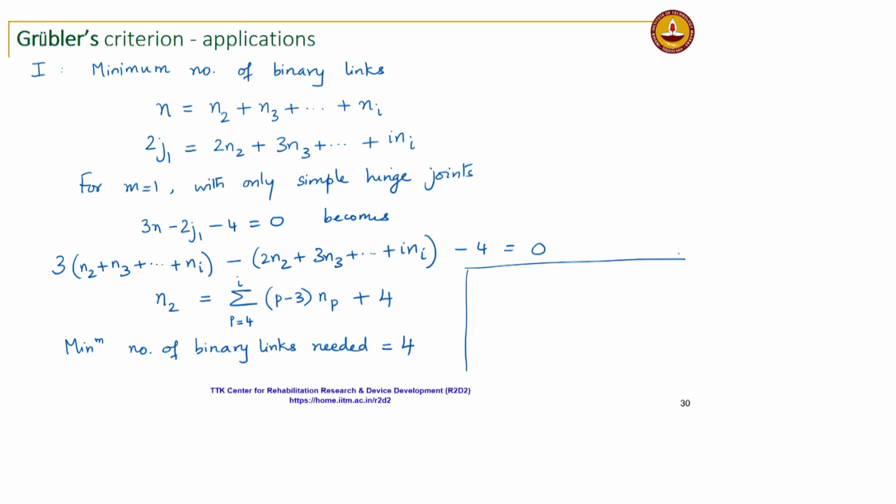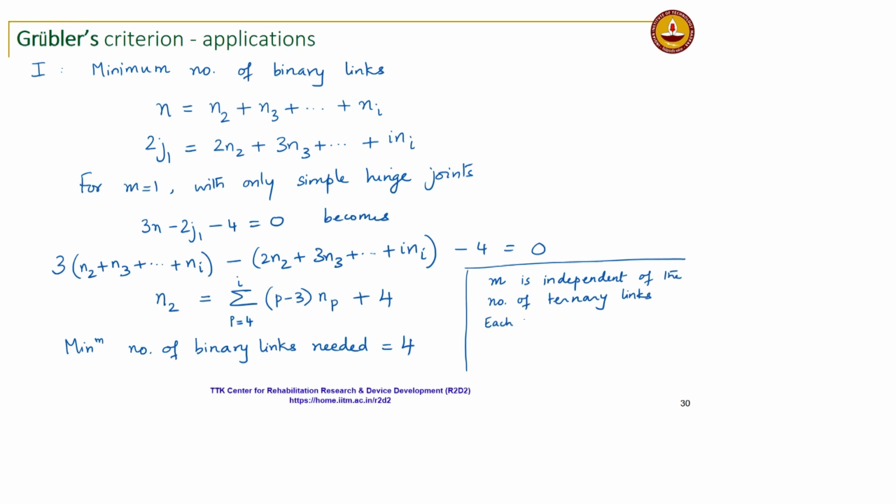The second observation is that the mobility equation in this form is, subject to certain conditions, independent of the number of ternary links, because the ternary links went out of the equation. Why do I say subject to certain conditions? If I add one ternary link, how many joints does it add to the mechanism?